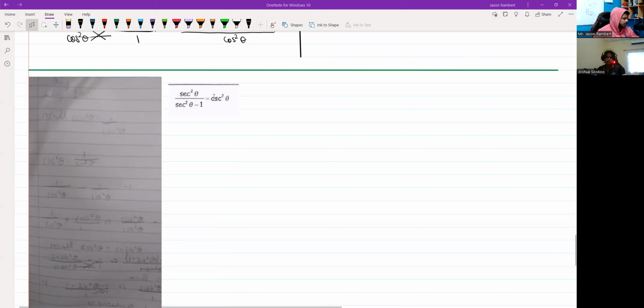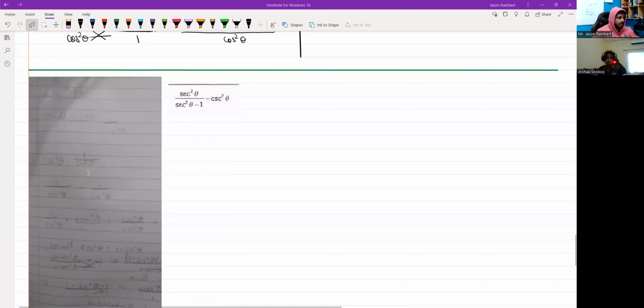So you'll have sec squared theta, which is 1 on cos squared theta, divided by 1 over cos squared theta minus 1. So you get 1 over cos squared theta multiplied by cos squared theta over 1. So mistakes were made here. I am not dividing by 1 over cos squared theta.